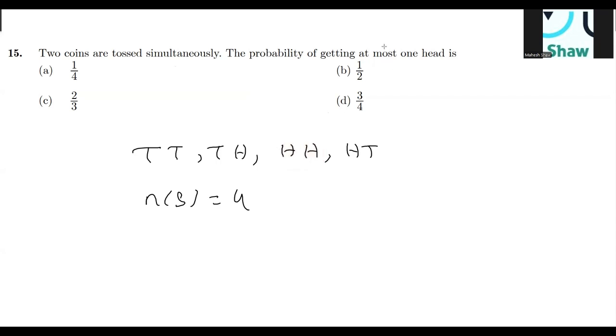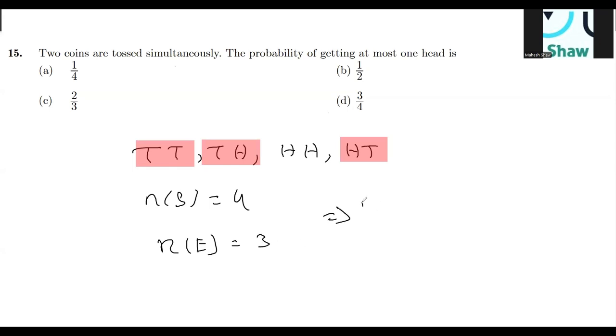Why am I doing so? At most one head means can have one head or no head, right? Upper limit is one. So we can say that here n of E, that is the favorable outcomes, is 3.